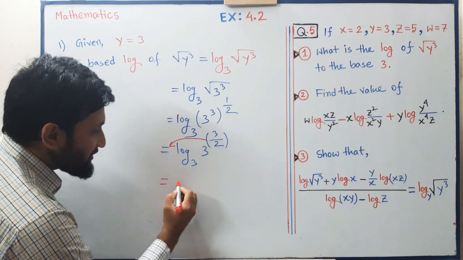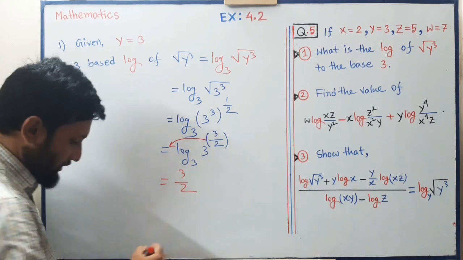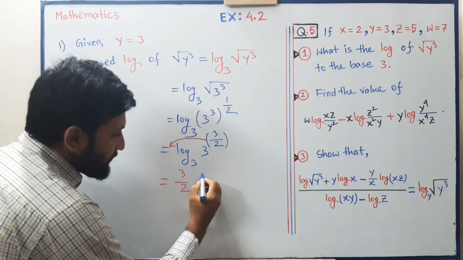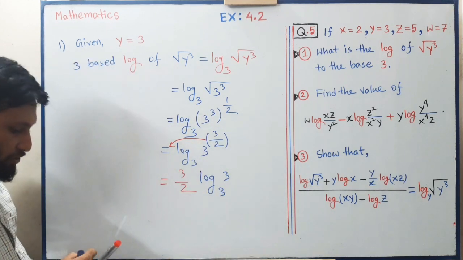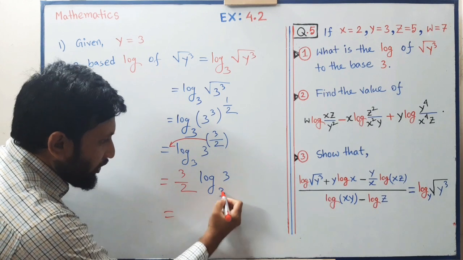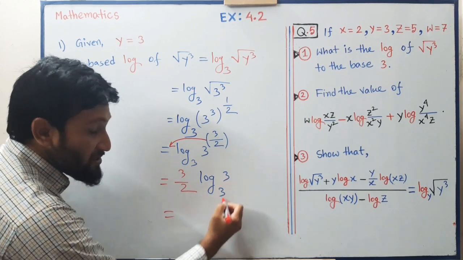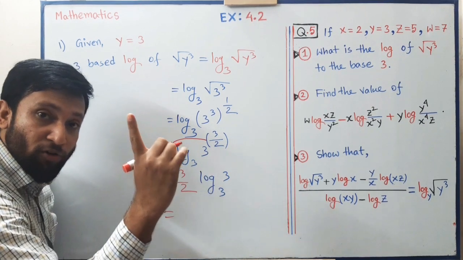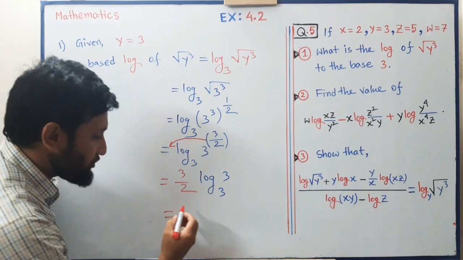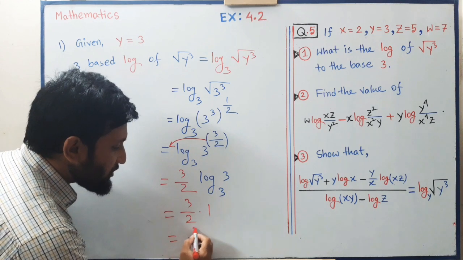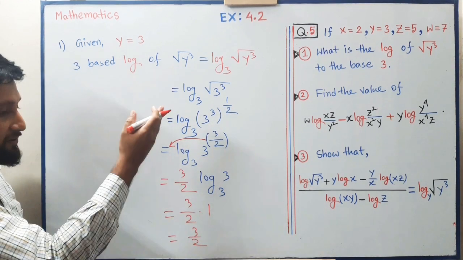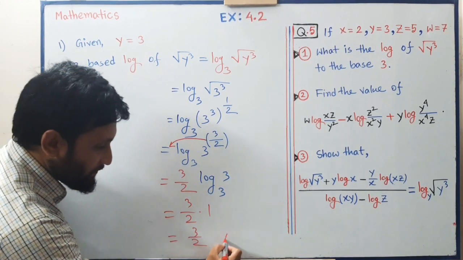So we write 3 by 2 log 3 base 3. We know log 3 base 3 is similar, so according to the formula this value is 1. So 3 by 2 into 1 is 3 by 2. This is our required answer.